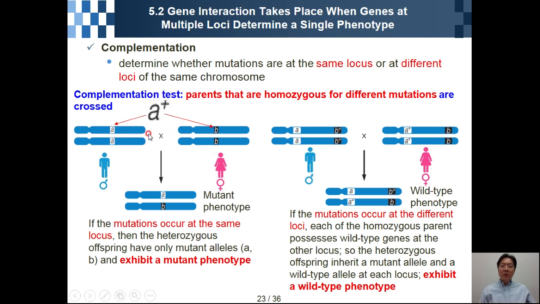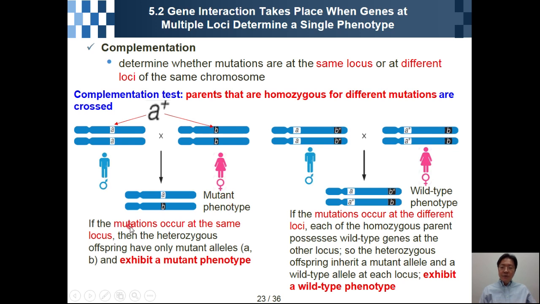So after the cross of father and mother, their offspring will have, in the same chromosome, one with the small a allele, and the other one with the small b allele. So this offspring will show the mutant phenotype.